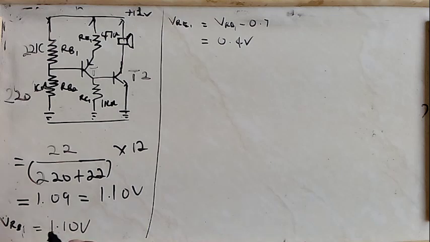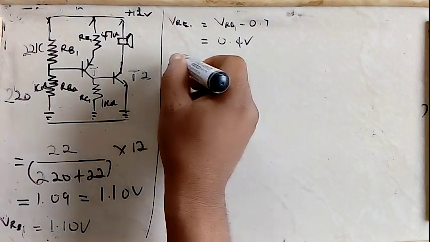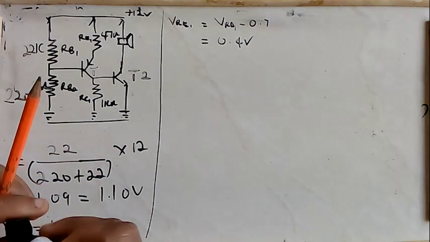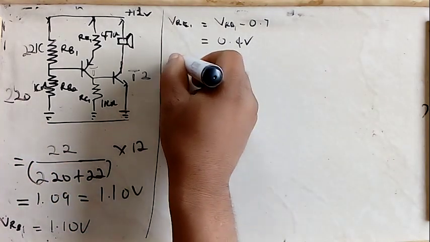Okay, now what will be the current that is passed by RE1? By Ohm's law, we know that voltage over resistance gives us current.